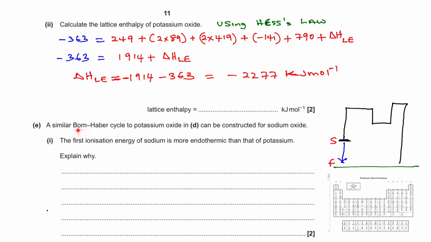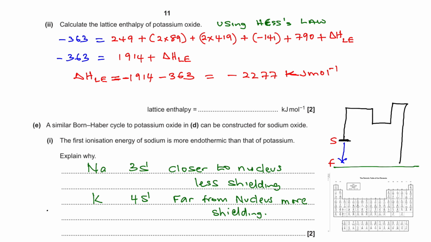E, a similar Born-Haber cycle to potassium hydroxide in D can be constructed for sodium oxide. The first ionization energy of sodium is more endothermic than that of potassium. Explain why. If you look at sodium, it's in the third period and potassium is in the fourth period.